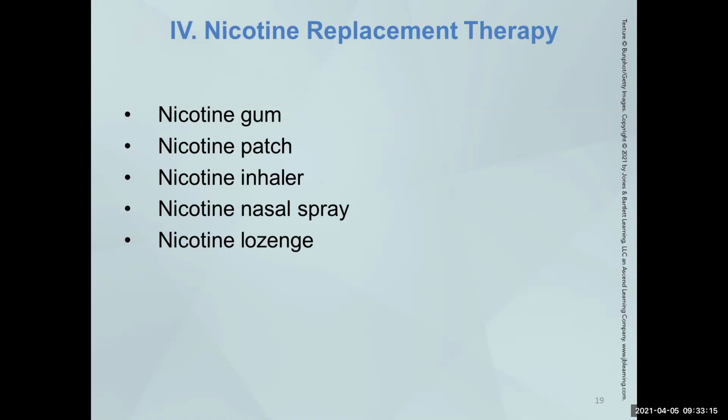Many of these used to be by prescription only. Now they are over the counter: nicotine gum, nicotine patch, inhalers, nasal sprays, lozenges. The important thing, if the patient decides to try one of these systems, is they have to reduce their smoking while they're doing it.